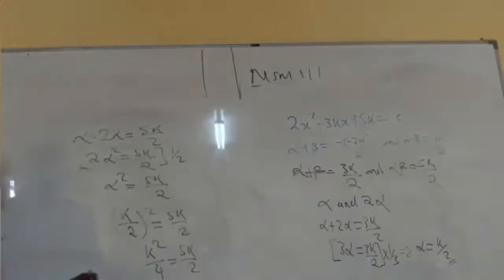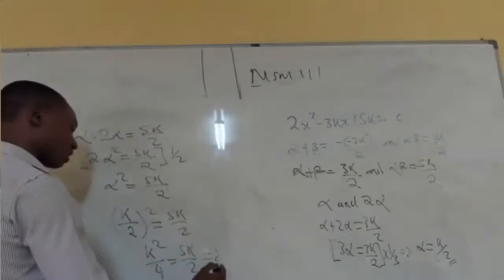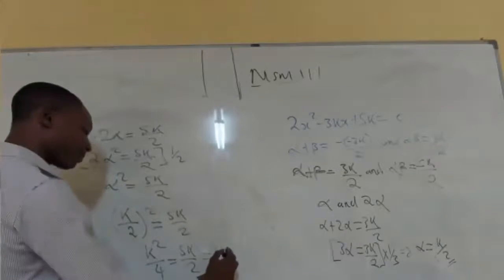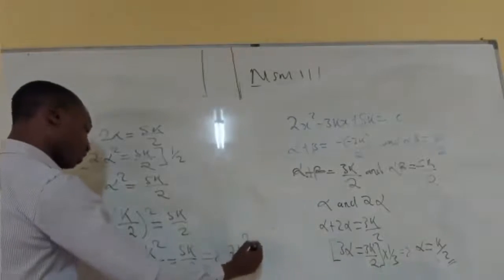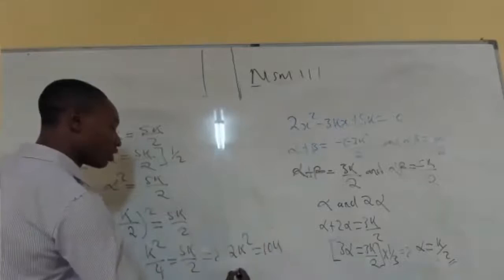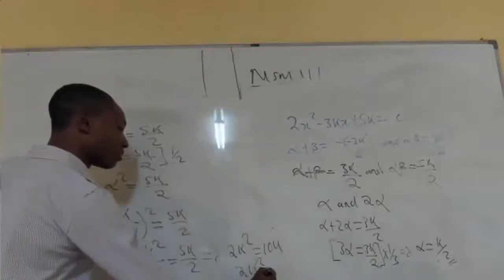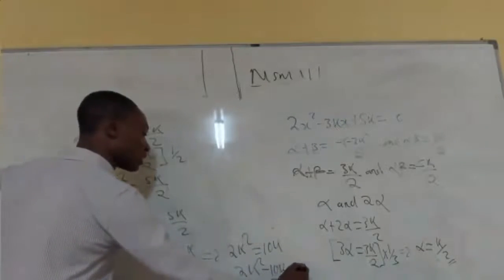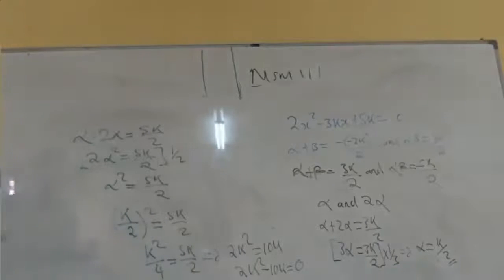Since we are solving for k, I can cross multiply. This implies that we have 2k squared is equal to 10k. If the 10k goes to the other side, you have 2k squared minus 10k equals 0. Then 2k is common, so I can factor out 2k.